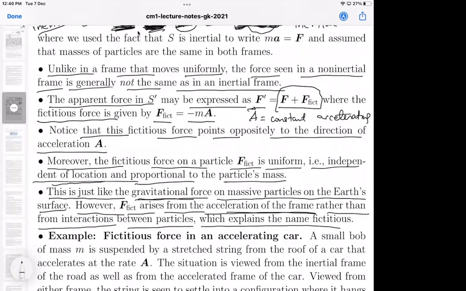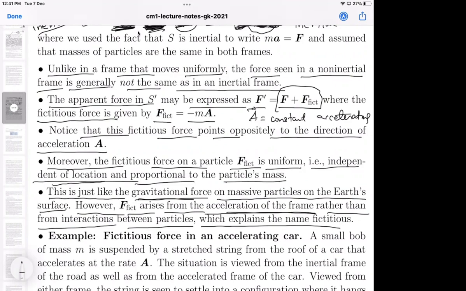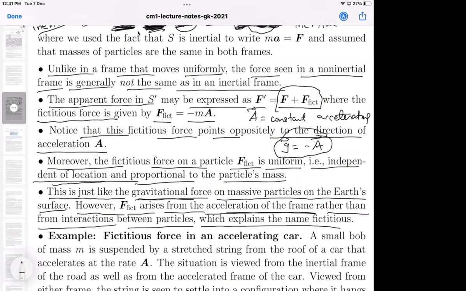Yes, sir. My doubt was regarding that only. The fictitious force points opposite to the acceleration of the frame, but the gravitational force is in the direction of the acceleration. So to make the analogy, you have to choose the acceleration due to gravity to point as minus A. That is the correspondence.